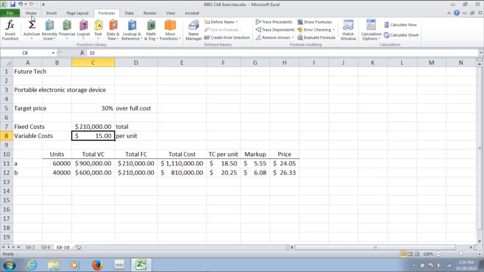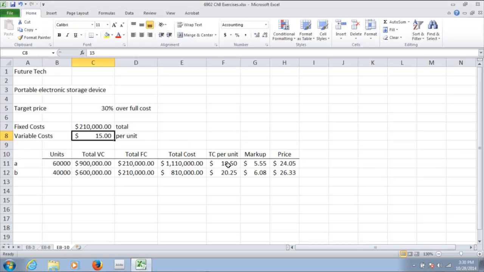But then this per unit figure is how much we're spreading the fixed cost over each unit. As we produce and sell more units, we're able to sell them at a lower reported or full cost. But again, the cost itself isn't changing. It's just on a per unit basis that it's changing.